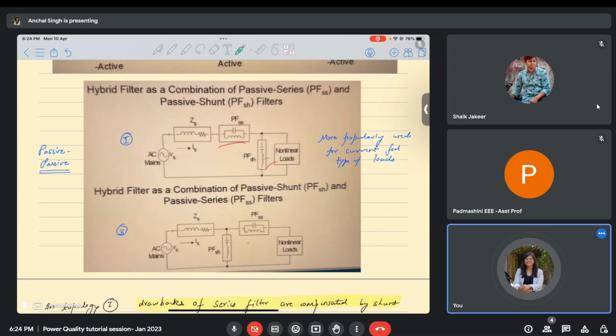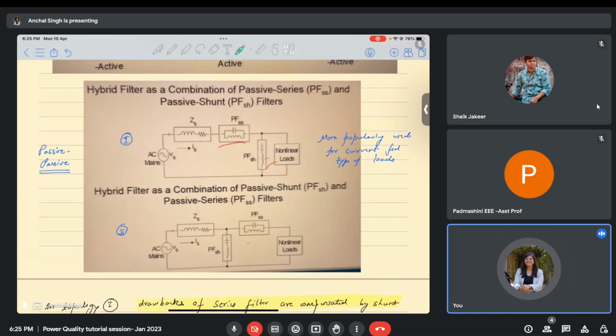And this drop can be taken care of by the capacitor which is present in the shunt. This capacitor can take care of the voltage drop that is occurring due to the presence of this series filter. So we can again say that the drawbacks of the series filter are handled by the shunt filter. Because of these two features that we just discussed, hybrid filters are becoming much more popular.